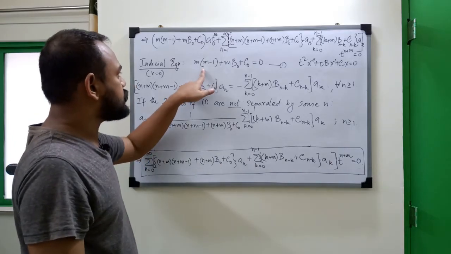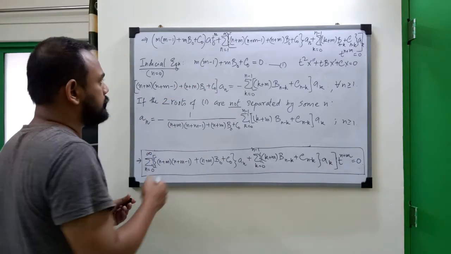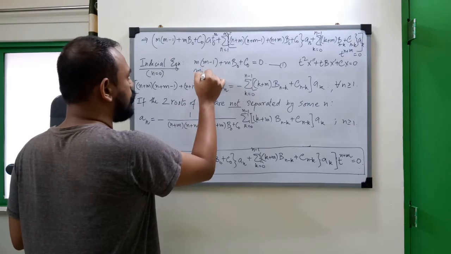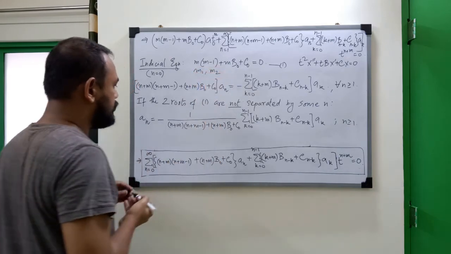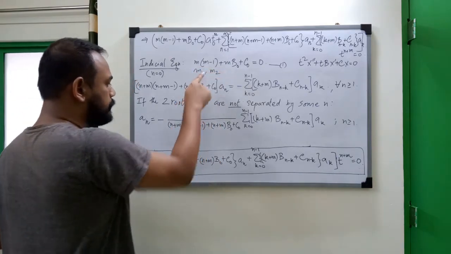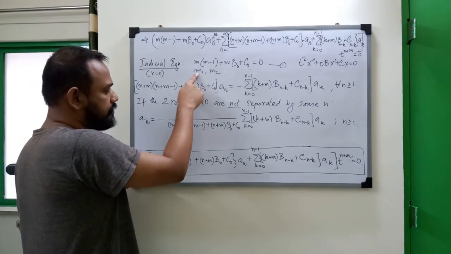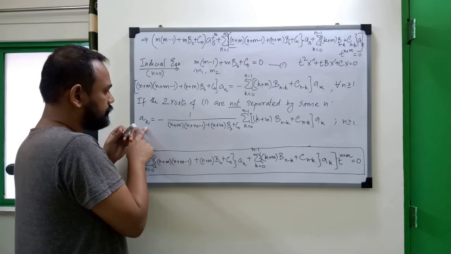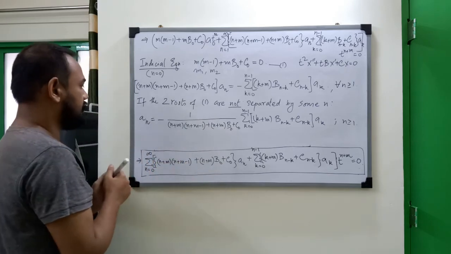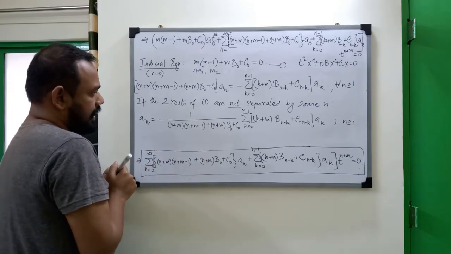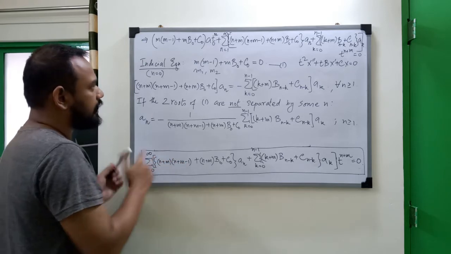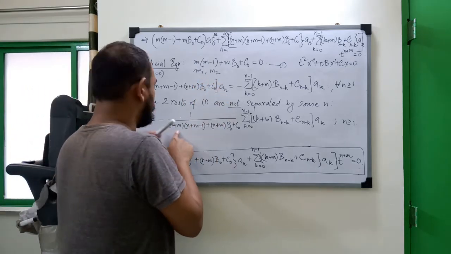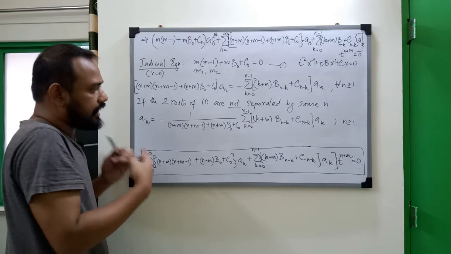So this is the formula that we will have to use to find each of these a_n's. When you find the two m's from here, for example m1 and m2, you put m1 and find the a_n's for that m1, and again you put m2 and find the a_n's for the second m.